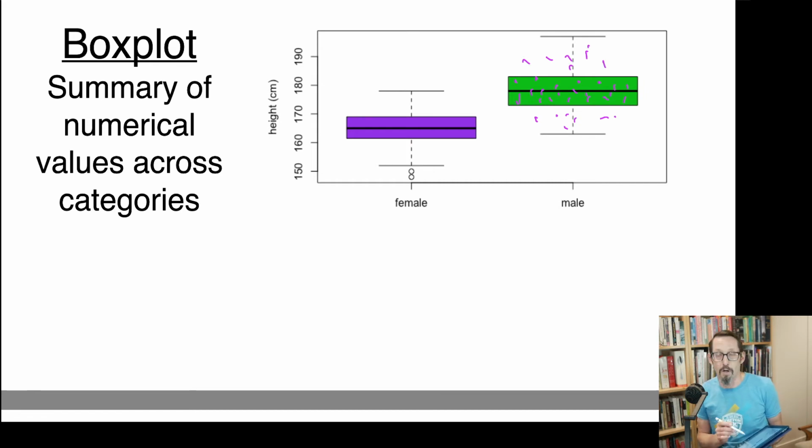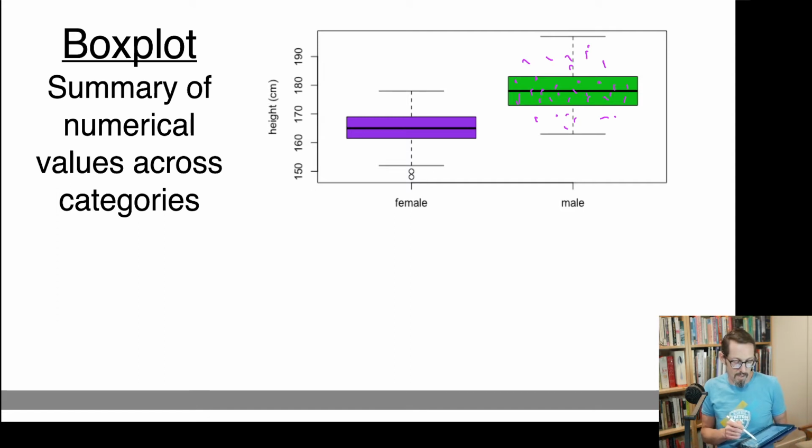And half of them are going to lie outside it. Okay? So that's what we're describing with a box plot. So the box contains half the data. It shows you where most of the data lies. The middle of the box, that line, shows you the median, the middle value in all the data.